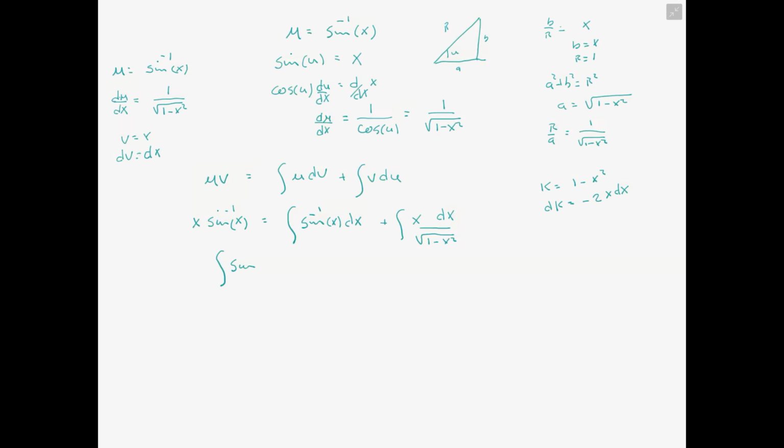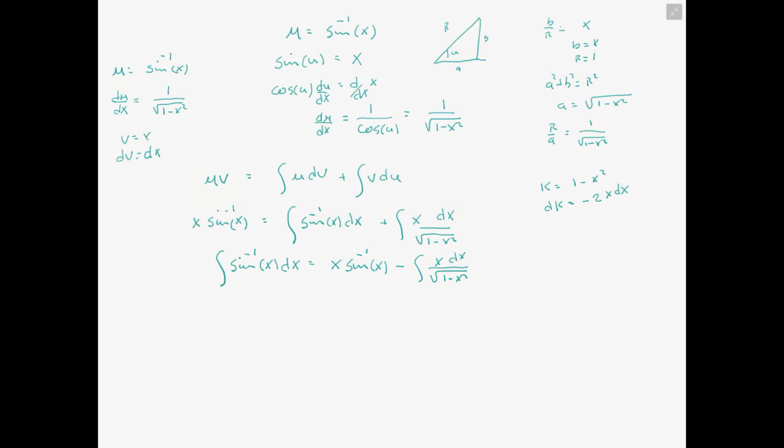We have the arc sine of x dx equals x arc sine of x minus x dx on the square root of 1 minus x squared.